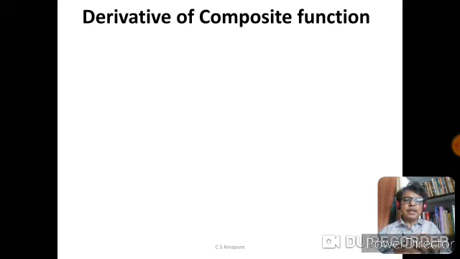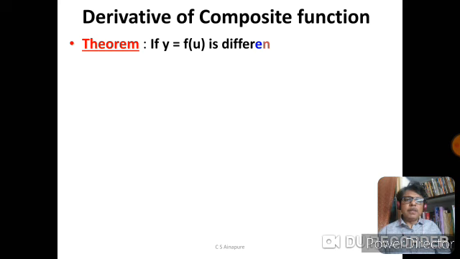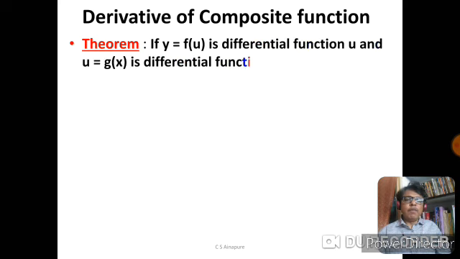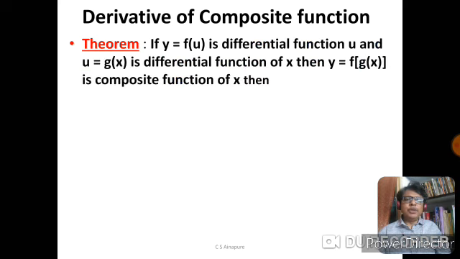Simply we can recognize the composite function. So if we have such a function, then it is called a composite function. And now we will go for the formula for a derivative of such function. So we will see the theorem. We consider y is equal to f of u is a differential function of u, and u is equal to g of x is a differential function of x.